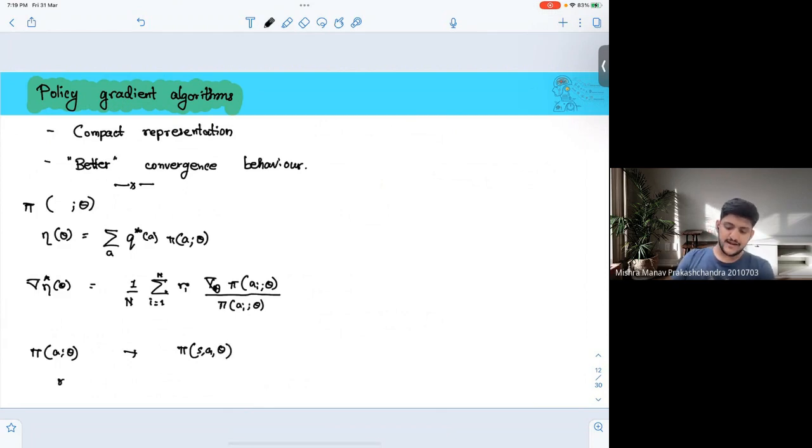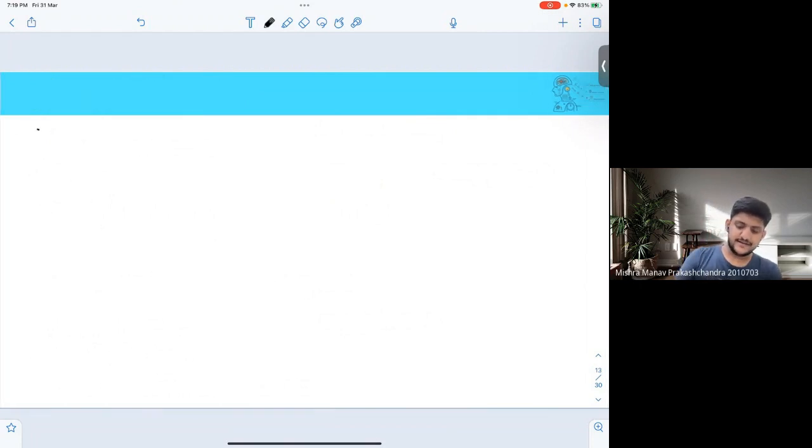Secondly, my reward Ri will be replaced by the return Gi of s. If I take this into consideration, the gradient of eta hat theta looks like 1 by n.